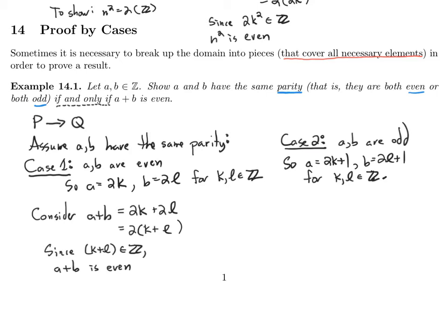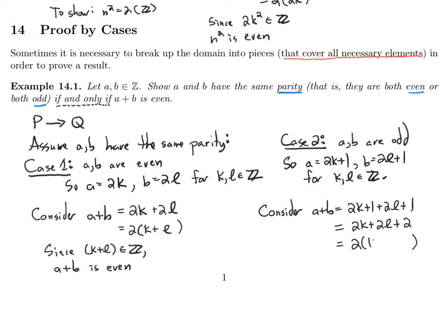Okay, so that's assuming our if part is true. Let's show that the then part is true. So we want to show that A plus B can be written as 2 times some integer. So let's consider A plus B. Well, that's 2k plus 1 plus 2L plus 1. Combine our like terms. We get 2k plus 2L plus 2. Again, we know we want to write this as 2 times something. So luckily, all of these terms have a factor of 2.